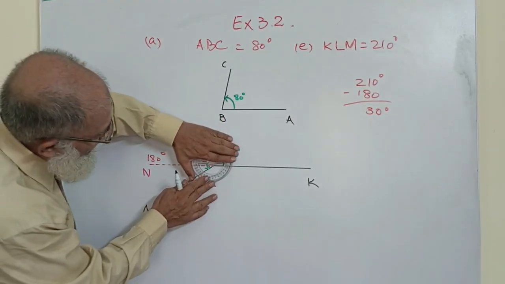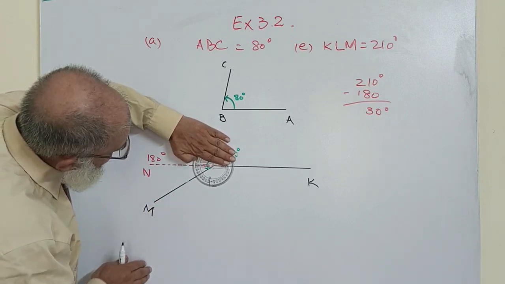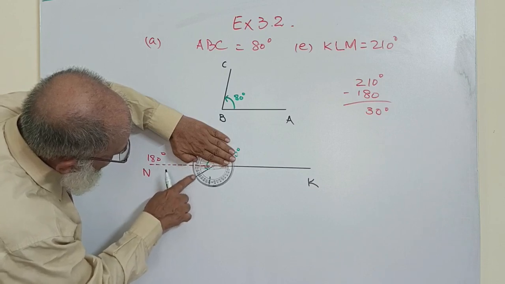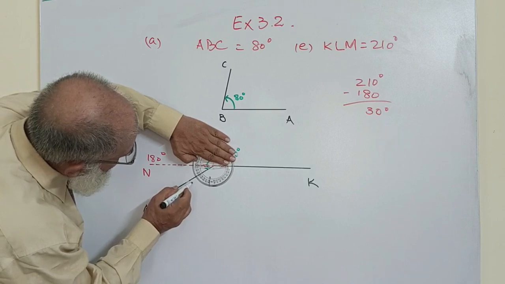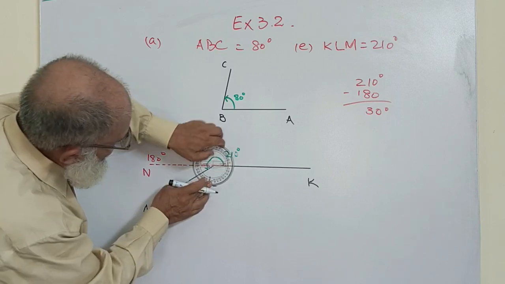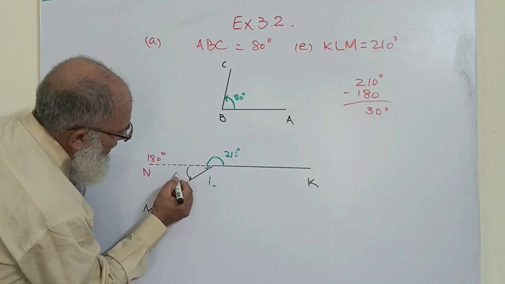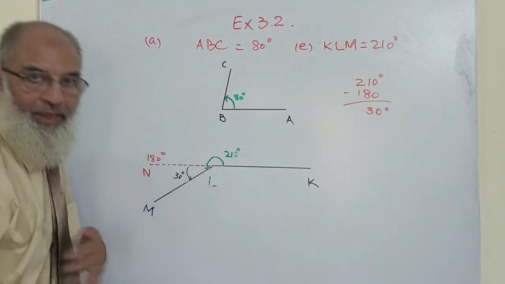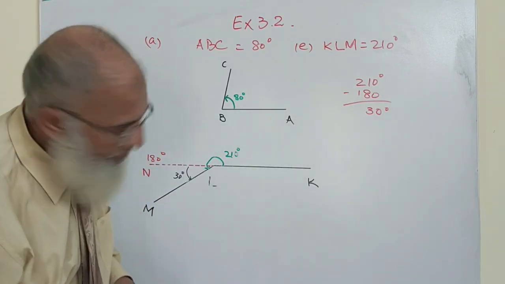Suppose this is a half D, and we'll put it at the 180 degree mark, and we will mark here 30 degrees: 10, 20 and 30. So this angle will be 30 degrees, so the whole angle becomes 210 degrees. I hope you have understood the position.